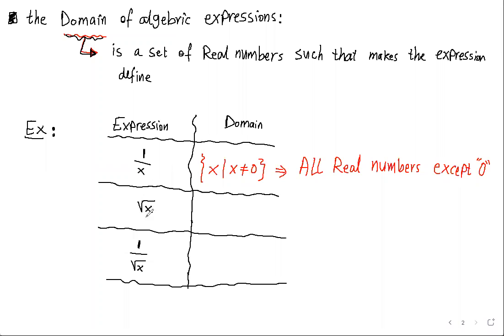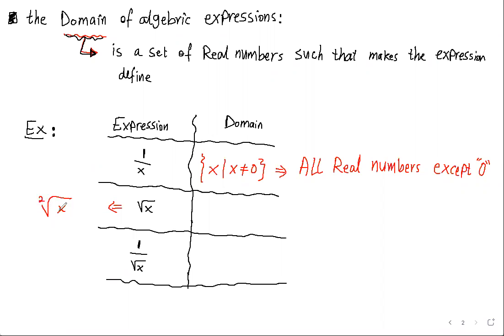For the second one, can I plug positive numbers inside the radical? Before anything, if I want to write it again, this is the square root. I said in the previous class, for any even index, the even number is 2 here. 2 is an even number, 2, 4, 6, 8, whatever.